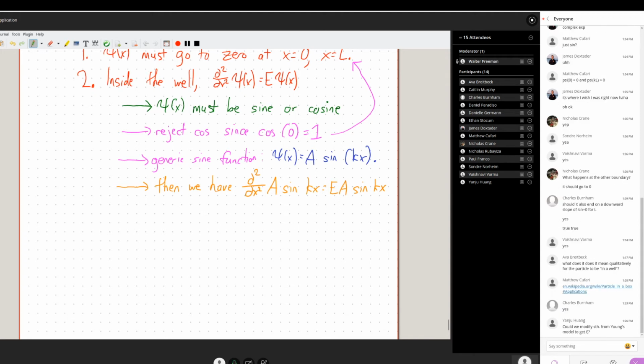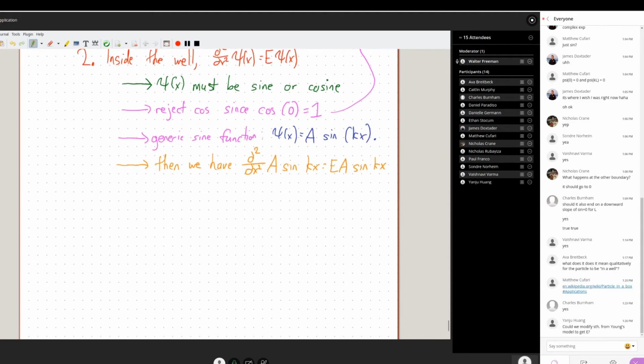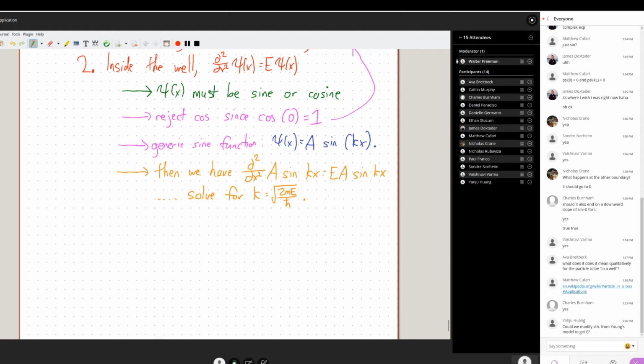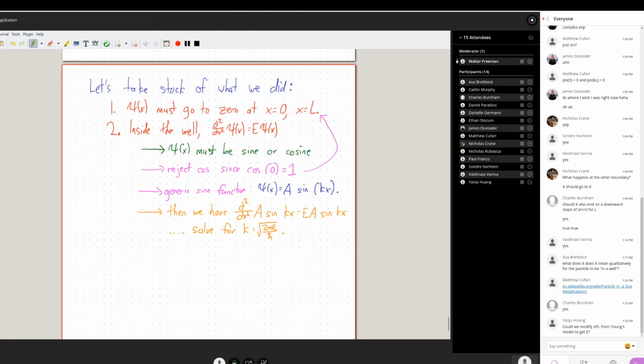And by doing this, we can solve for k, which is the square root of 2mE over h bar. So we realize there's a connection between the wave number and the energy.